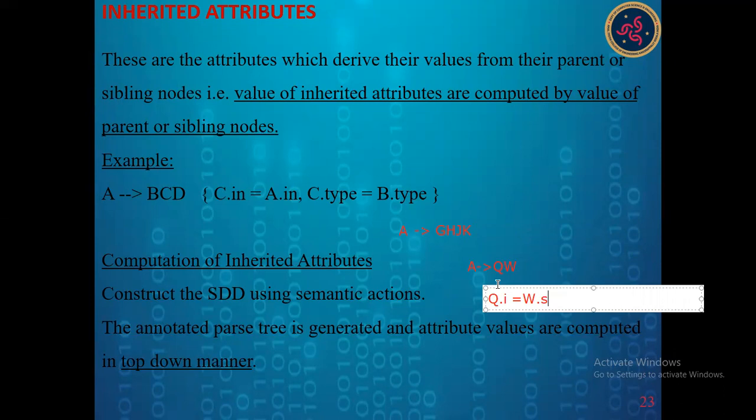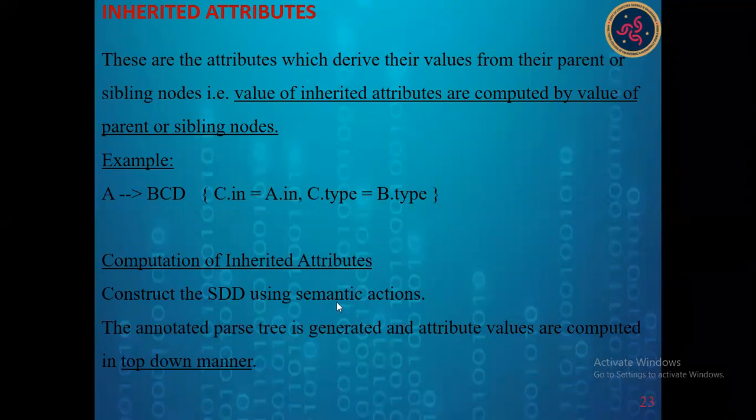Now, how do we compute the inherited attributes? First, we have to construct an SDD using the semantic actions, and next we have to construct the annotated tree using a top-down manner.